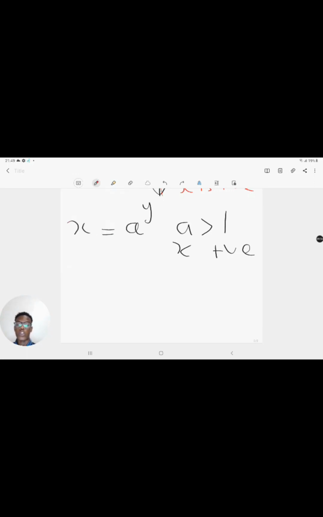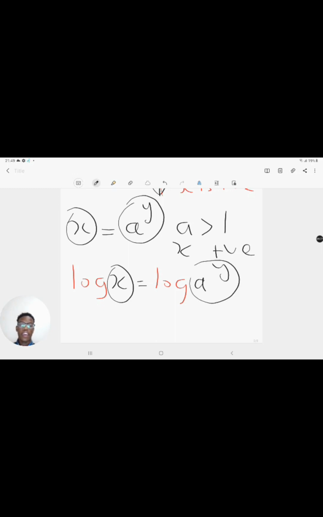Remember the concept: what you do on the left, you do on the right. So here we will have log x is equal to log, and then we keep that a to the power of y. I just introduced logs to both sides of the equation.